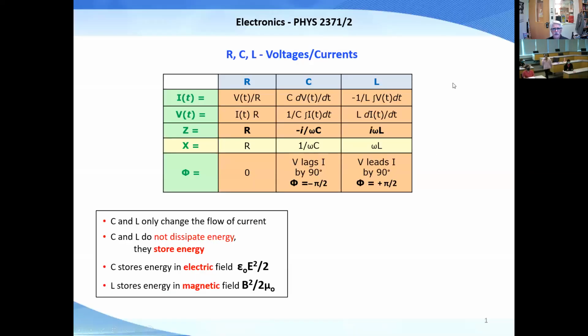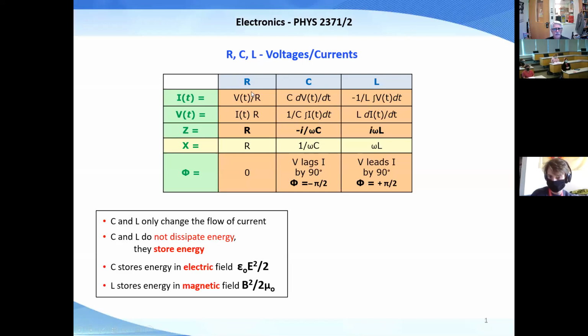So I thought what I'd do first before bringing any new material in is just giving a 2-slide summary of what we did last time, the lecture. So we looked at resistors, capacitors, and inductors, and looked at the voltage and current characteristics.